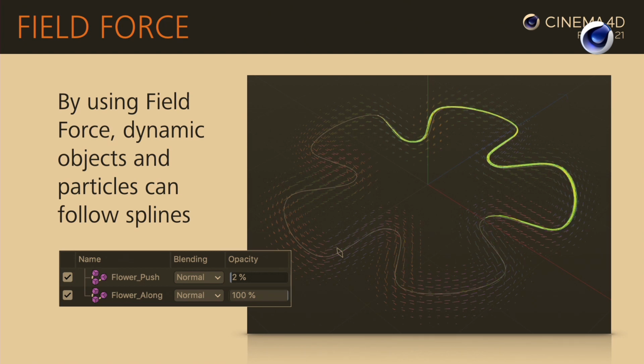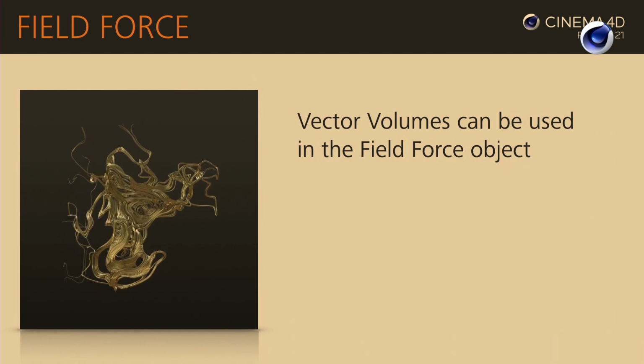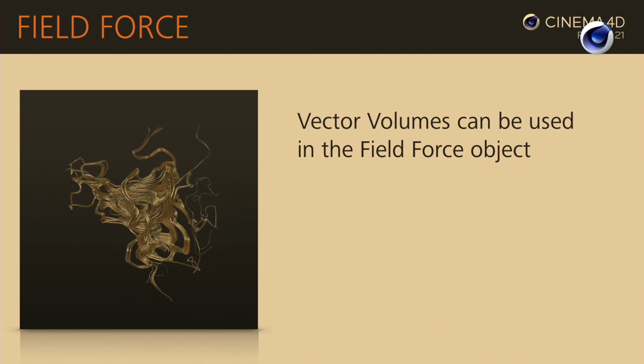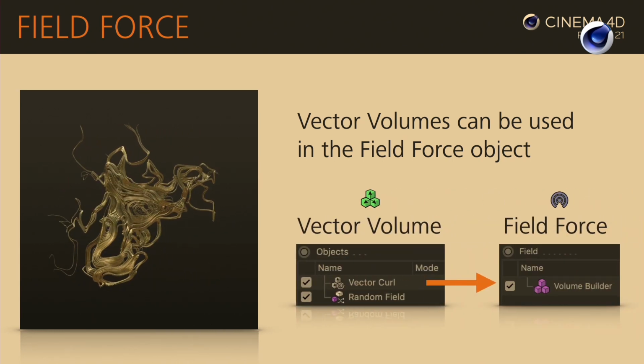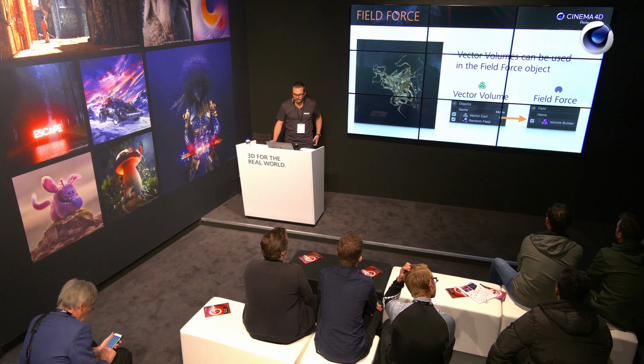And if we put randomness into this as well, it looks like this. And vector volumes can be used in the field force object. And you create crazy stuff like this here, like this structure.